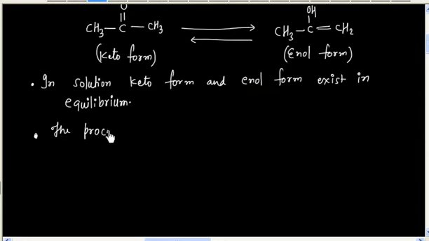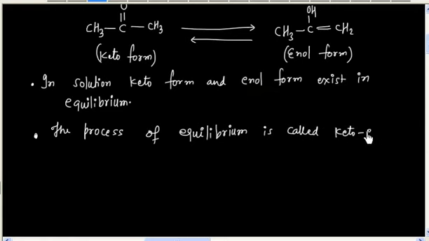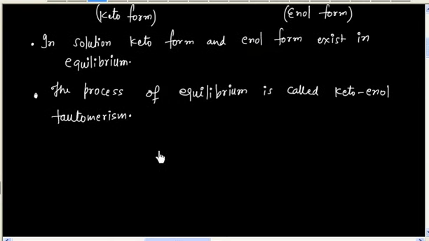So the process of equilibrium is called keto-enol tautomerism. Keto-enol tautomerism can be acid catalyzed or it can be base catalyzed.